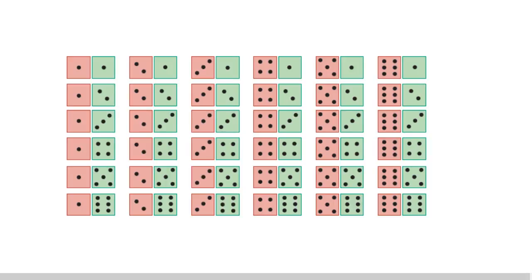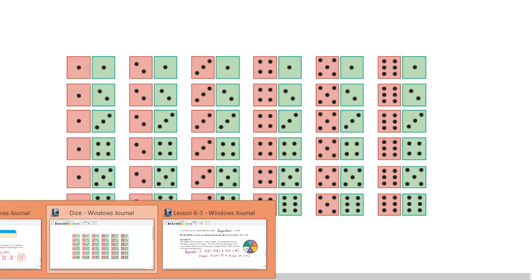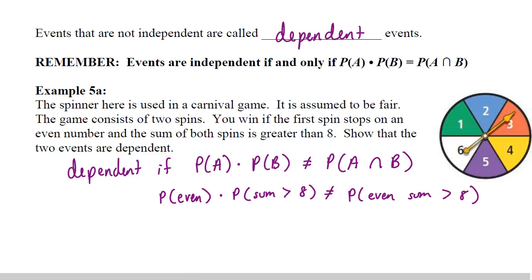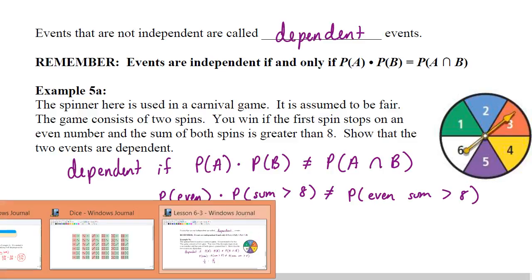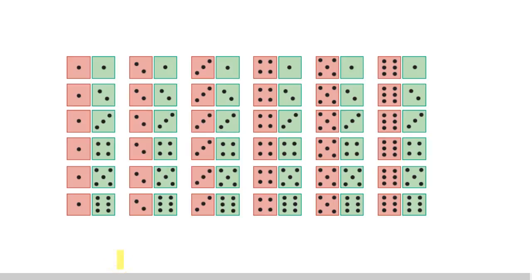But again, the first event is the probability of getting an even number. Well, that happens half the time here. So that happens 18 out of 36 times, or 1/2 the time. We can reduce that: 18 over 36 is 1/2. Now the probability of getting a sum greater than 8, if you look at your sheet, means a sum of 9 or more.